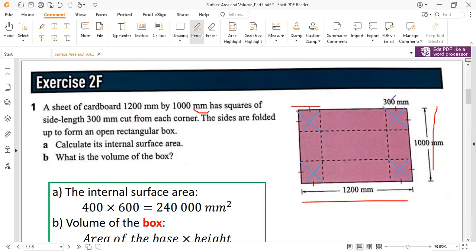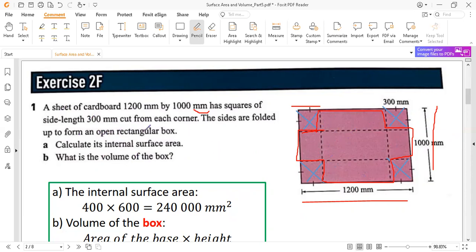So normally, we cut this one and this one and this one, all the squares located on the corners. Then the sides are folded, so we fold this side and this one. We will obtain this shape, and we fold it to obtain a box. We have right now an open rectangular box.